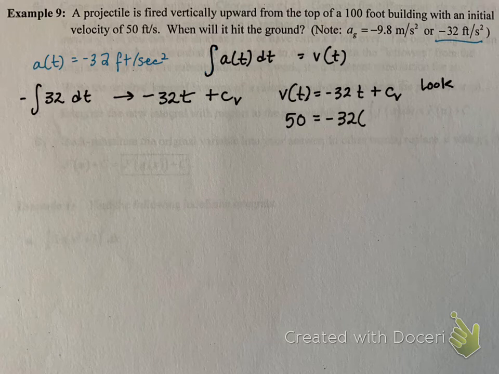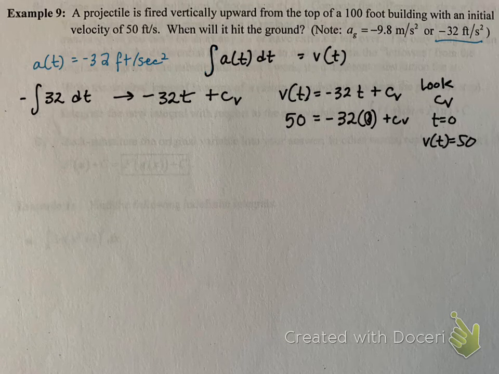Now the time is 0. And the reason why I'm saying that is because that's the time it starts, right? Plus CV. So once again, we're looking for that constant of velocity. I plugged in the time equals 0 and v at t equals 50, and I got that from the initial problem.